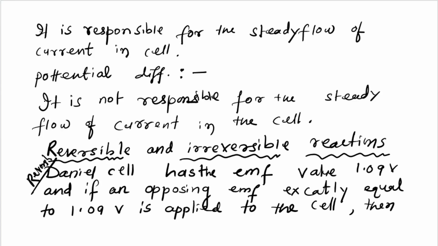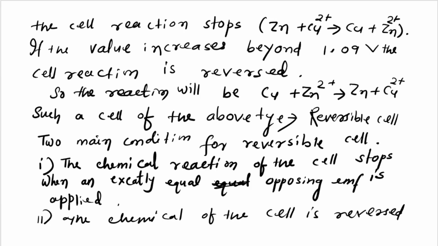So if an opposing EMF is applied in the Daniell cell where the EMF value is 1.09 volt, the same value opposite, that means 1.09 volt is applied to the cell, then what happens? Then the cell reaction stops. That means when you are giving 1.09 volt, then the reaction stops.